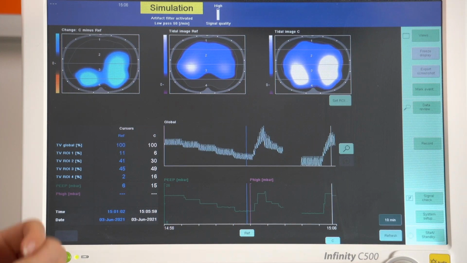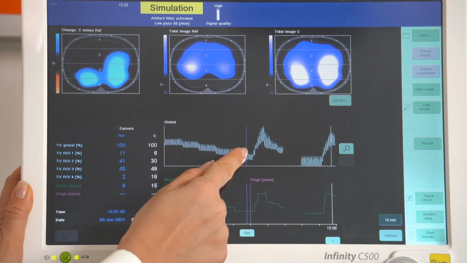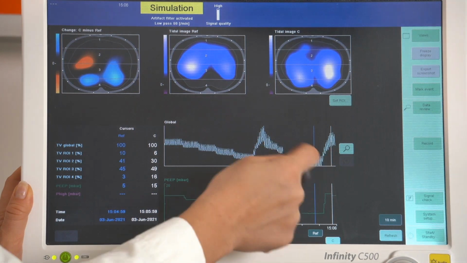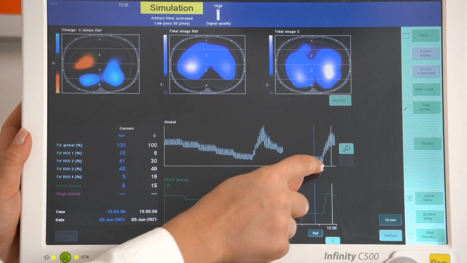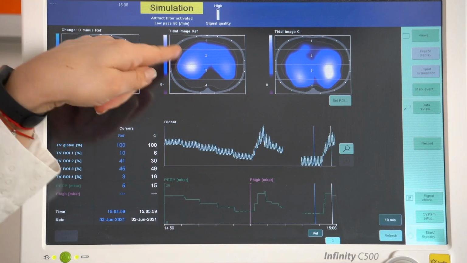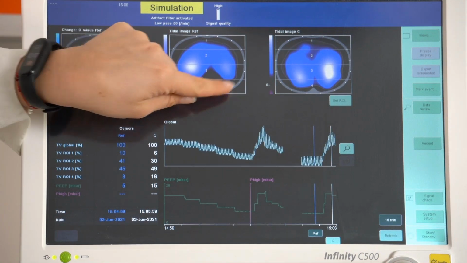What we can now do is estimate the success or the impact of the recruitment maneuver on the patient. We put the reference cursor, our blue cursor, at the start of the measurement. This would be our starting point. We look at the tidal image at the point of reference, and we see that there is no ventilation in the region number 4.